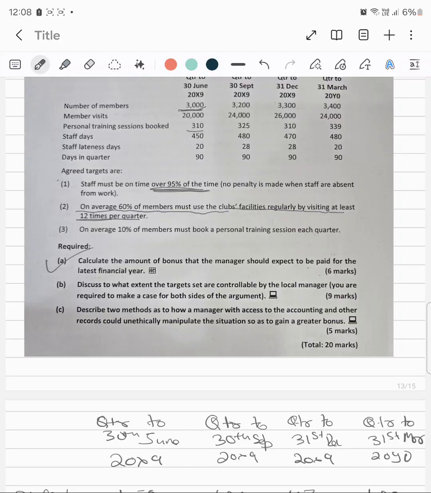The overachieved target was 60. If I do not include that in my last quarter and I take it up to the next quarter of a fresh year, the manager can achieve the target and earn the bonus. The profitability of the organization might decline, but again the bonus is not dependent on the profit. It is dependent on the volumes, the number of visits or number of sessions booked.